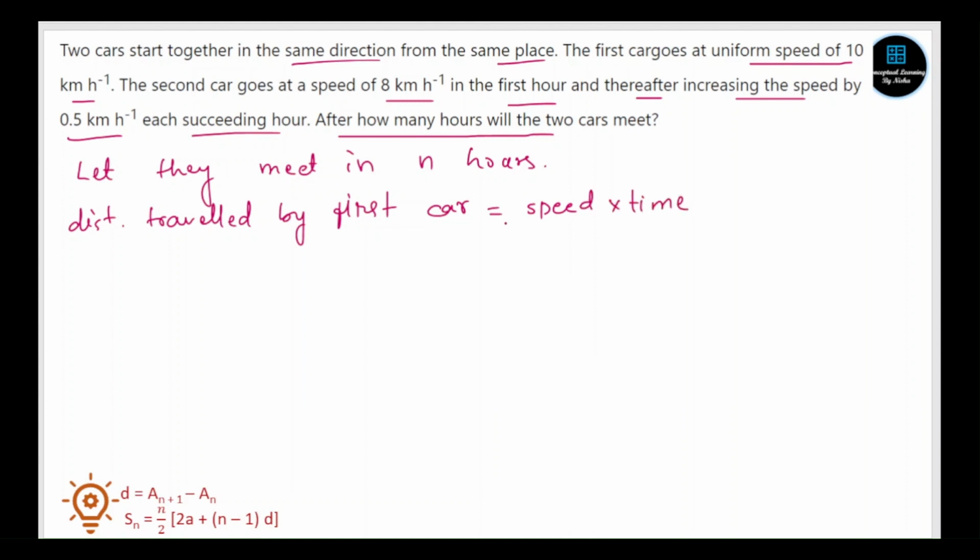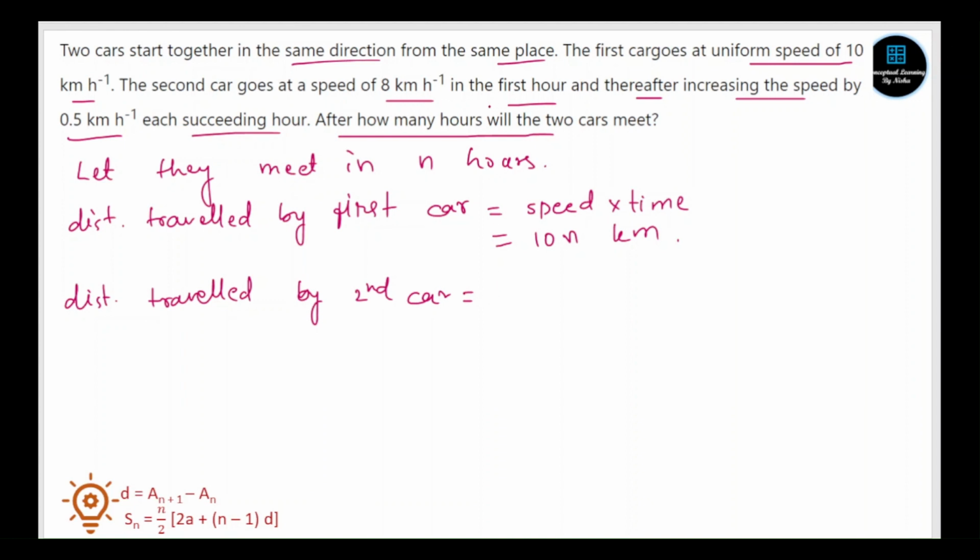You learned that in physics. Now speed is 10 km per hour, so 10 into n, which is 10n kilometers. Now the distance traveled by the second car is how much?